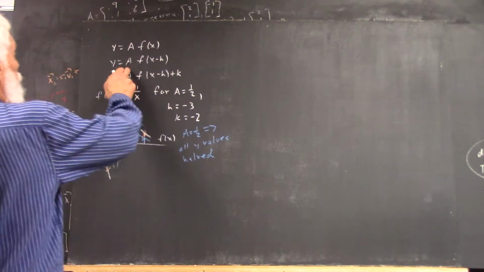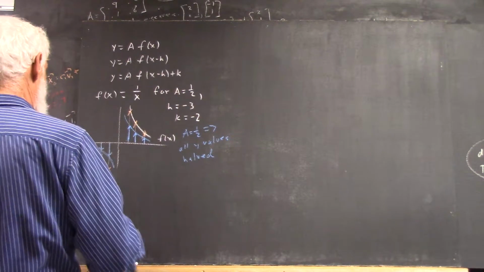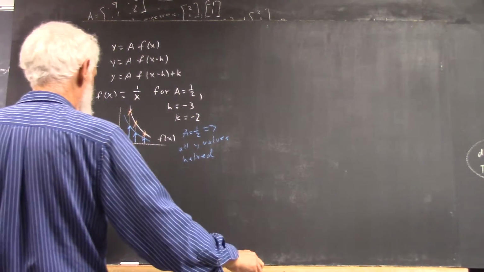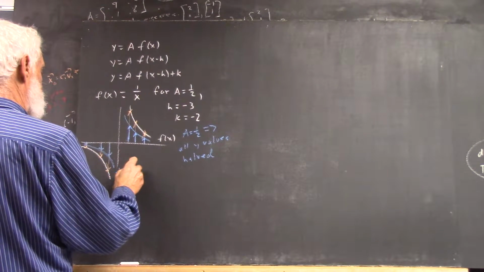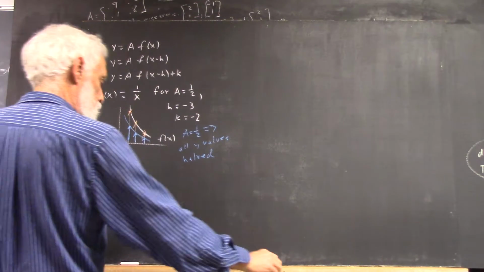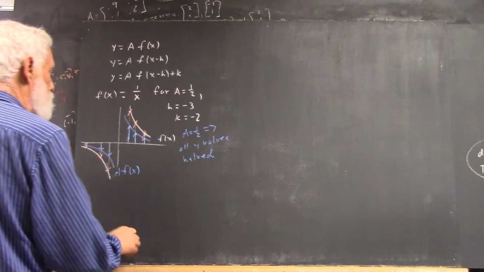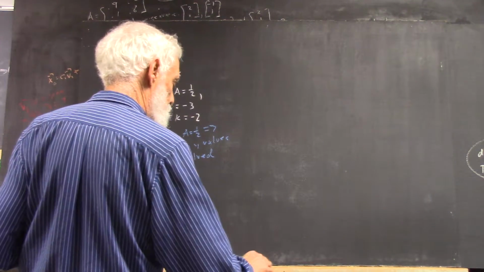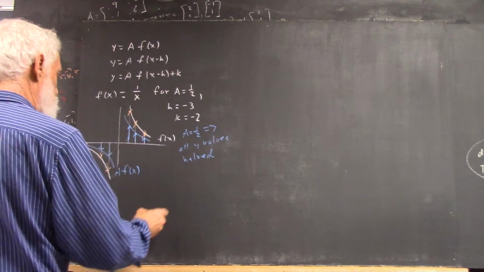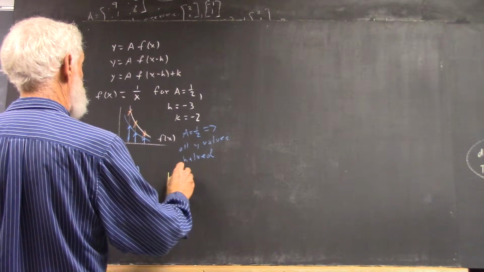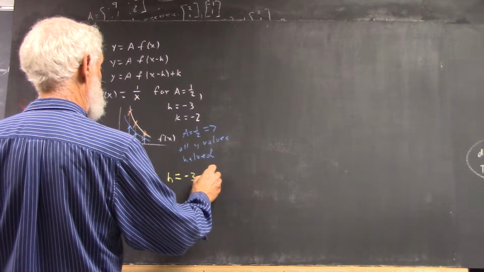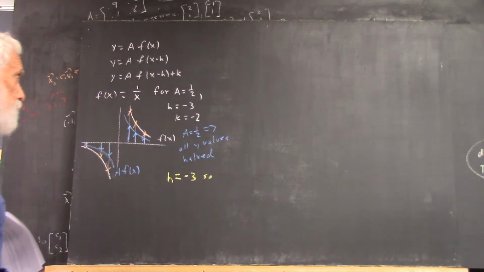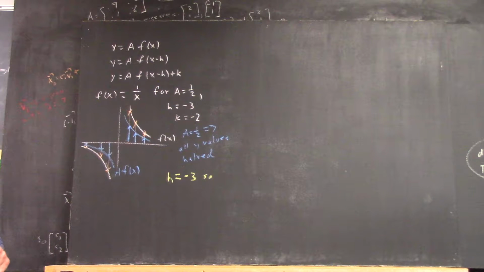Okay, now we want to do af(x minus h). Right now I've got the graph of af(x). Now h equals -3. So what does that mean?